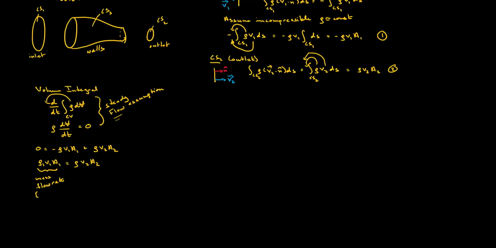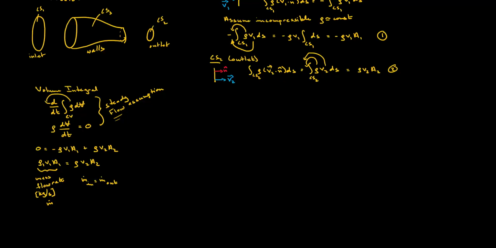It has units of kilograms per second in SI, and we denote it by m dot. So what this is saying is that for a steady flow, the mass flow rate in is equal to the mass flow rate out.